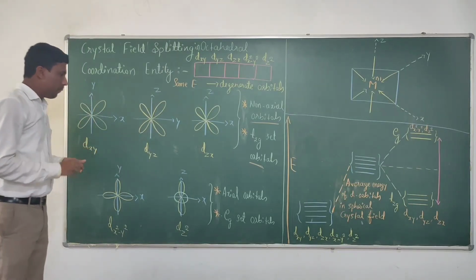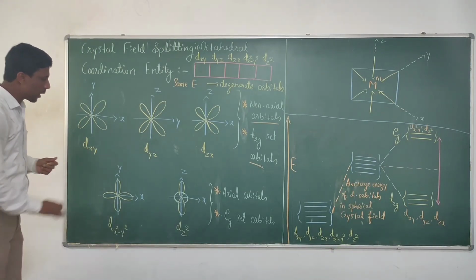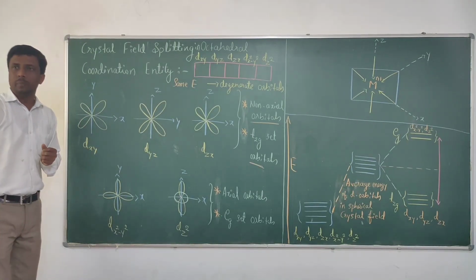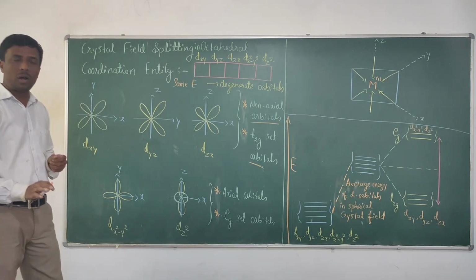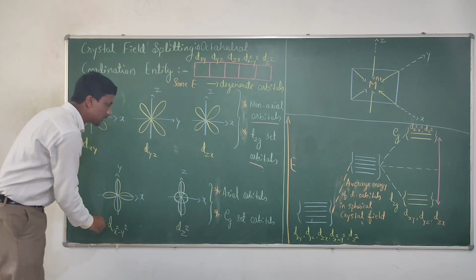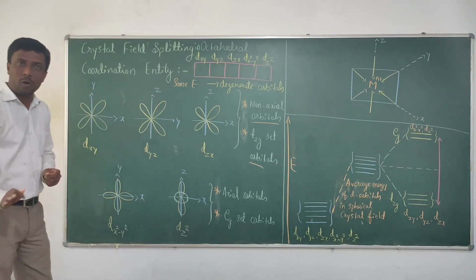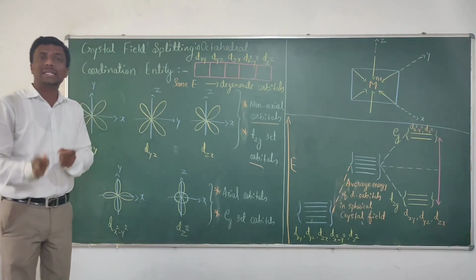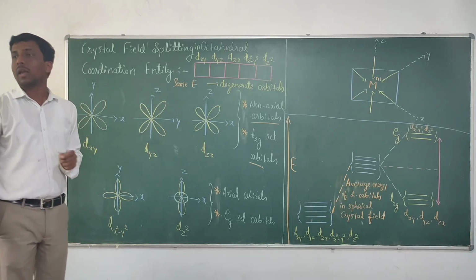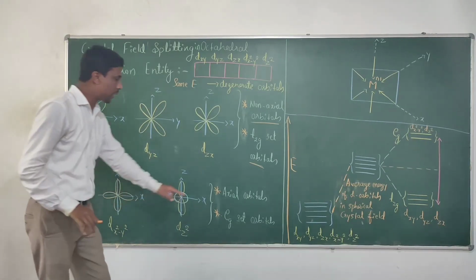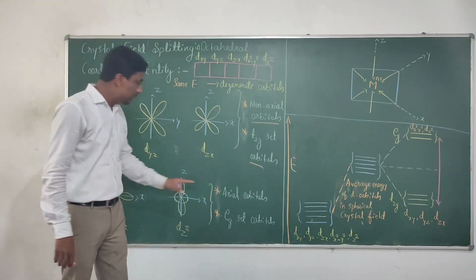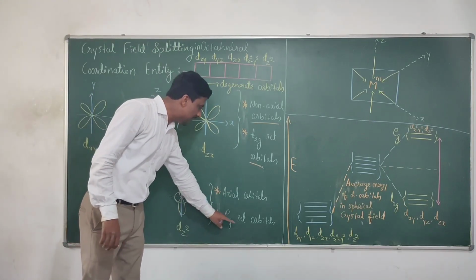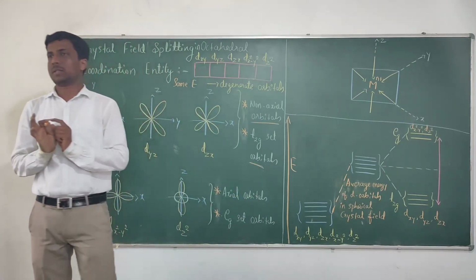Okay, now come to the discussion regarding the second set of orbitals, the axial orbitals. Axial orbitals means these 2 orbitals have their lobes located exactly along the axis. These axial orbitals are called the eg set of orbitals.